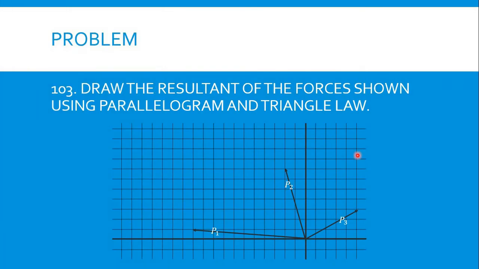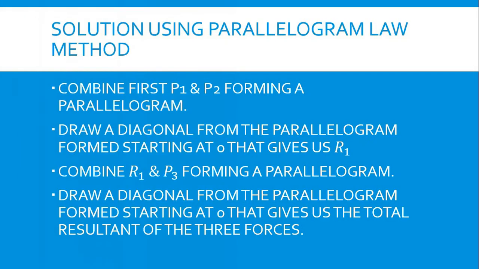So next, we have an example problem, number 103. Draw the resultant of the forces shown using the parallelogram and triangle law. So in this, the solution using the parallelogram law method is to combine first P1 and P2, forming a parallelogram.